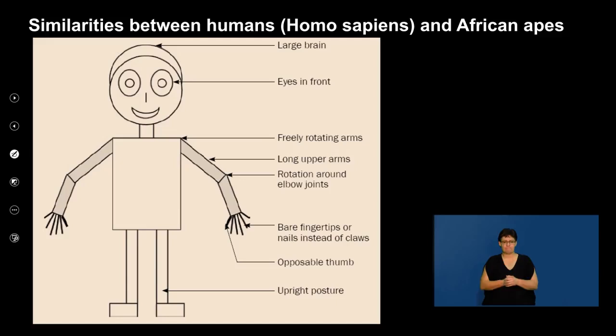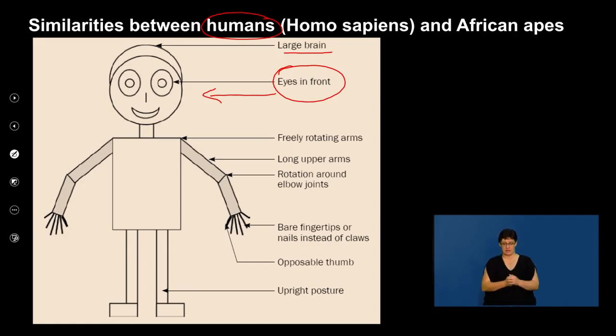So when we look at the similarities that humans share with African apes, I've used a very schematic diagram to represent this. And here you can see that humans and the African apes have a large brain. Their eyes are present in front, and by that I mean they stick immediately in front, and there's clear stereoscopic vision and the ability to look straight ahead.